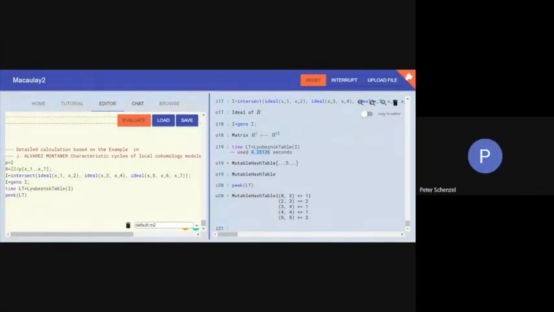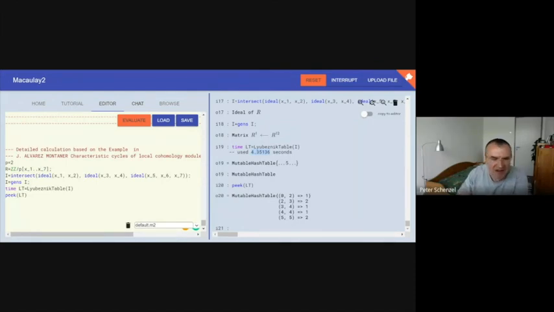Okay, I have a question. First of all, thanks for the interesting talk and for the possibility to compute these Lyubeznik numbers with Macaulay. But I have a conceptual question. Namely, in case you compute the local cohomology with respect to the ideal I, you need it as a step in between.